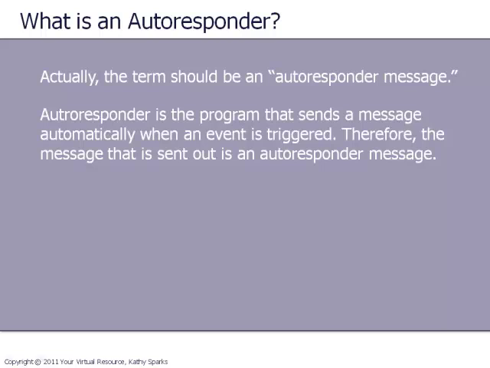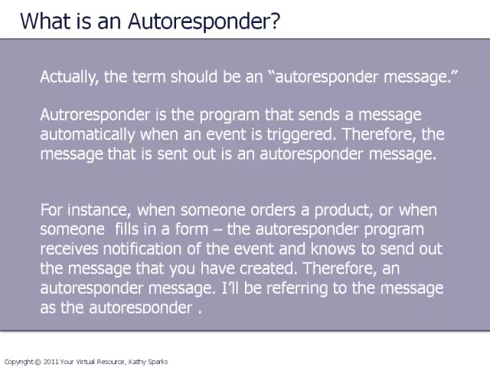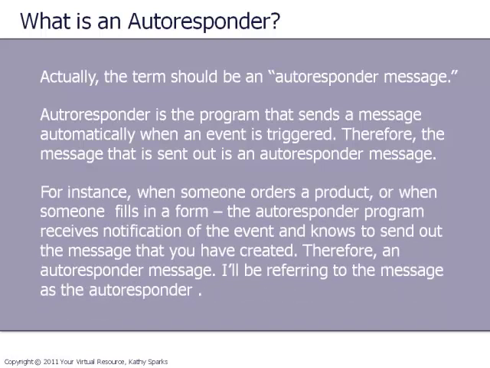For instance, when someone orders a product or when someone fills in a form, the autoresponder program receives notification of the event and knows to send out the message that you have created. Therefore, I'll be referring to the message as the autoresponder.